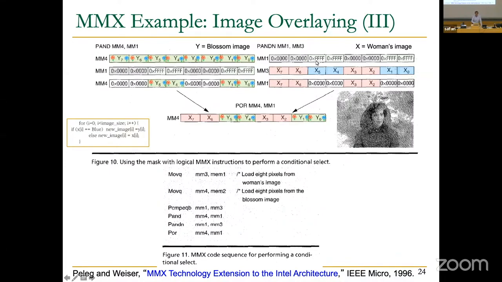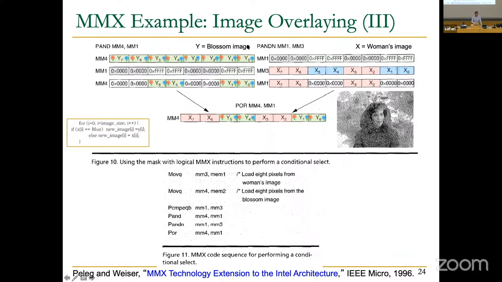And then you take the original image and AND-NOT it with the mask, because basically you need to pass the pixels from the original image, which are marked in red over here. So if the mask is 1, the result is 0. If the mask is 0, you pass the original image pixels. That's why this is AND-NOT. Okay, and then you basically OR these 2 things.